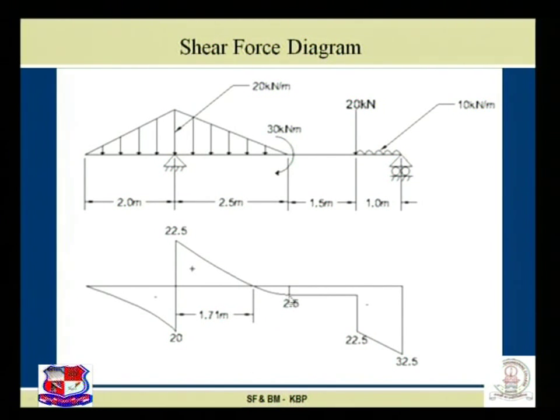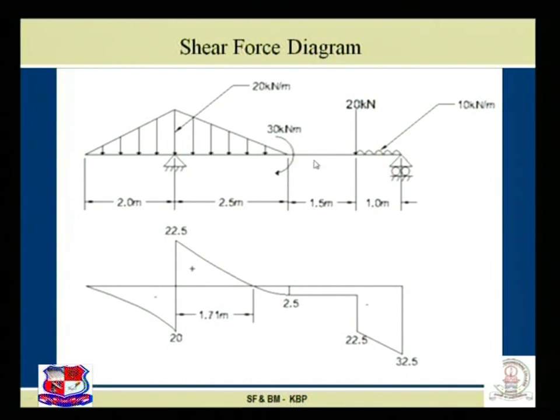Now next, here the concentrated moment is acting at this particular point. There is no effect at all in the shear force diagram directly under the concentrated moment. Yes, the effect of this concentrated moment is for the calculation of support reaction, but there is no direct contribution for the plotting of the shear force diagram.